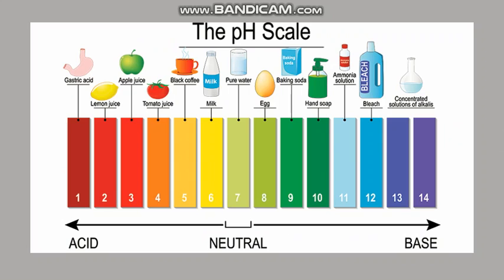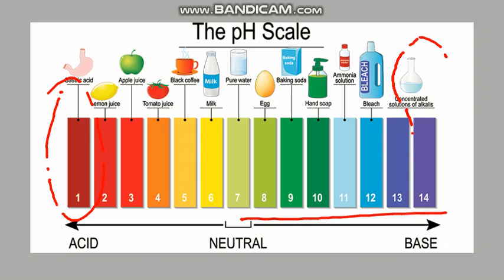The strongest acid has a pH of 1. A solution with a pH greater than 7 is alkaline, with the strongest alkali having the highest pH value, which is 14.